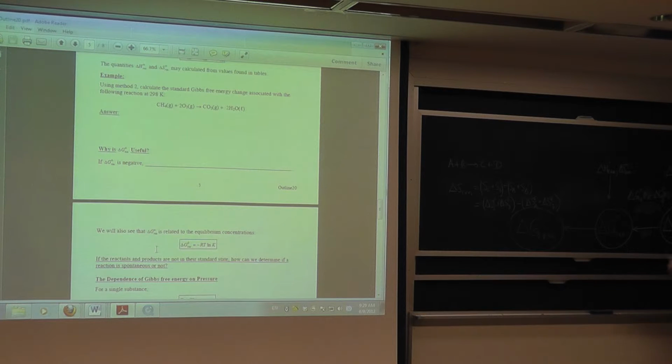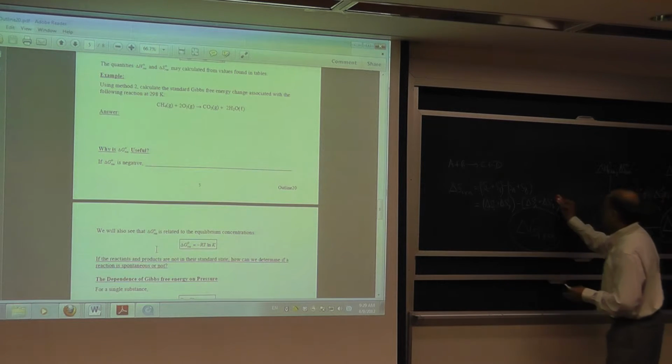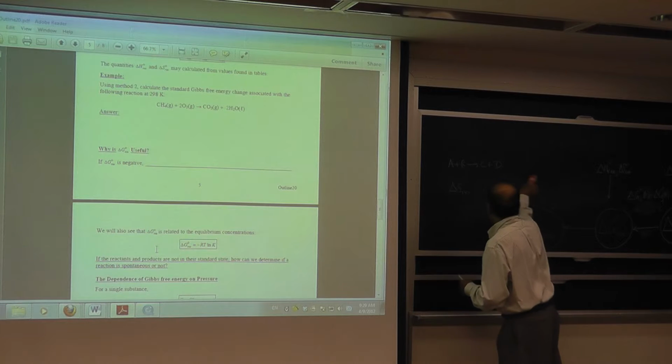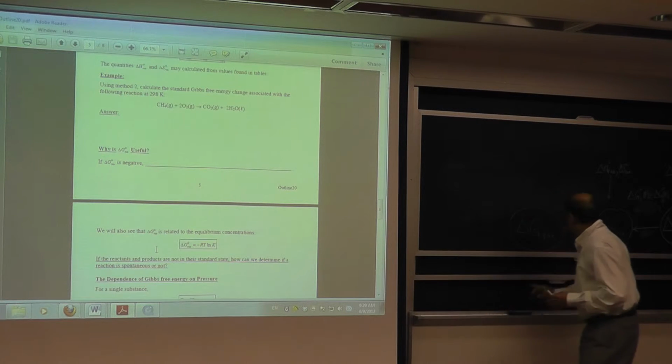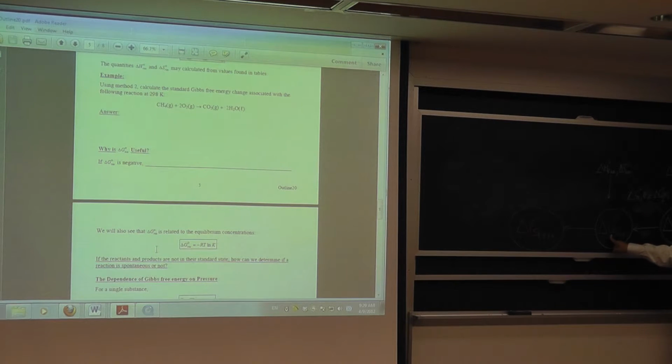Okay, so why are we interested in delta G naught reaction? What it tells you is if a reaction is conducted under standard state conditions, it tells you if the reaction is spontaneous or not. So the reactants must be in their standard states, the products must be in their standard states.